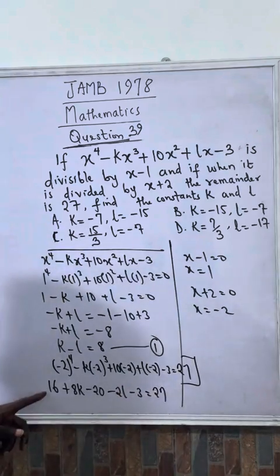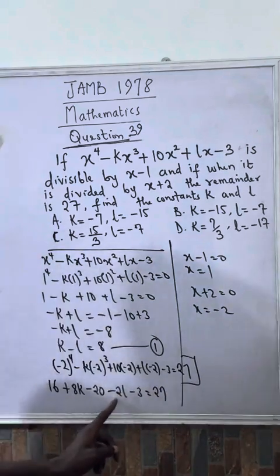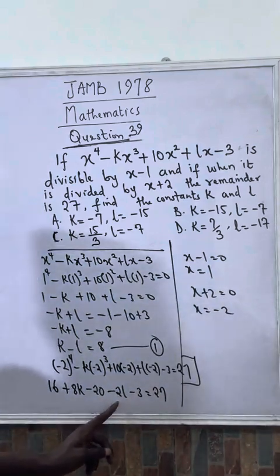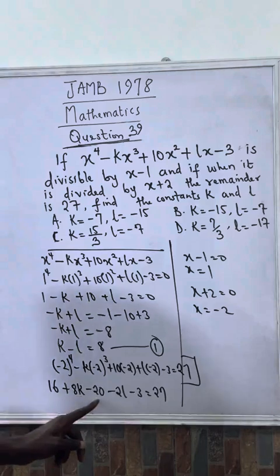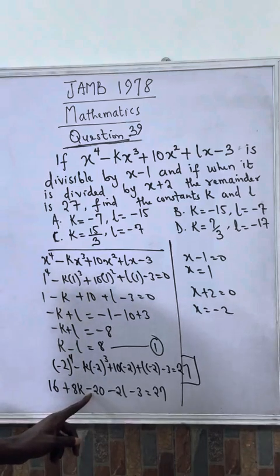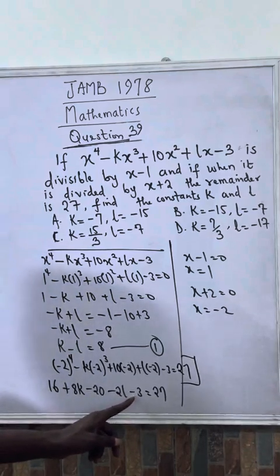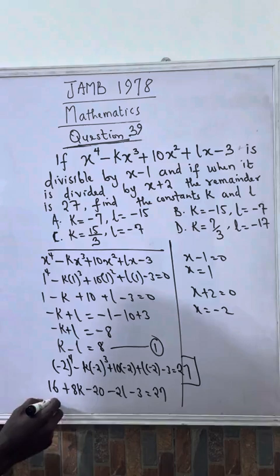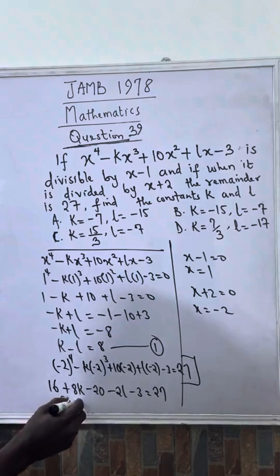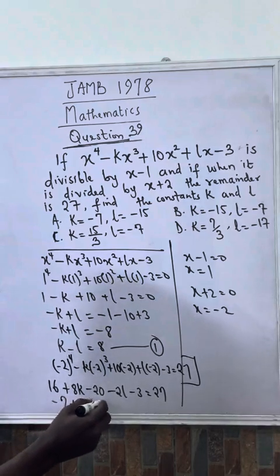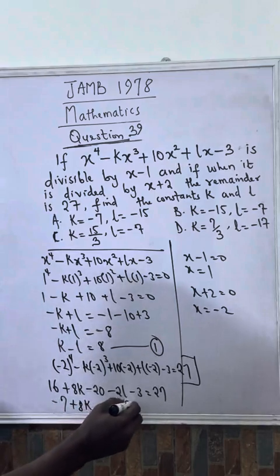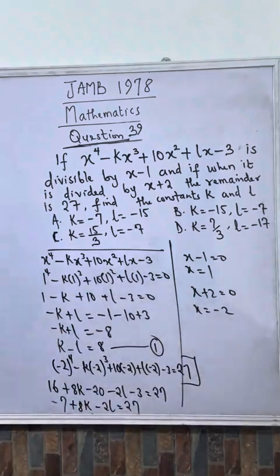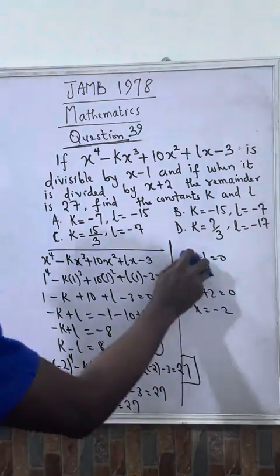Let's simplify. 16 minus 20, that's -4. -4 minus 3, that is -7. So I'm going to have -7 plus 8k minus 2l equal to 27.